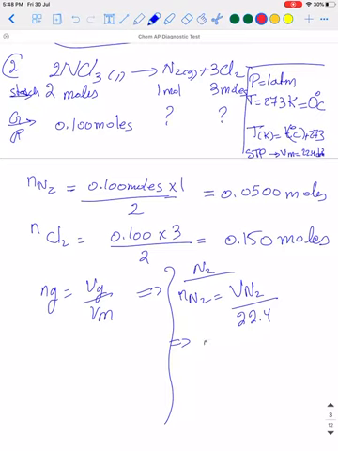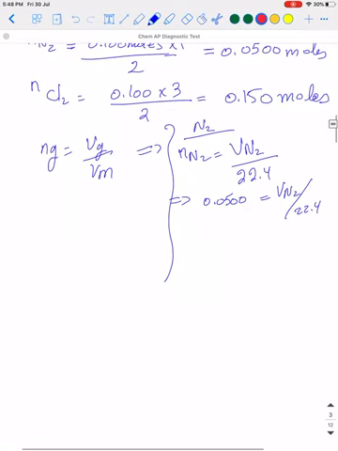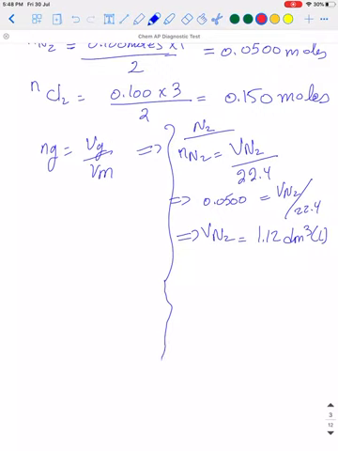I found it 0.05, equal to volume of nitrogen over 22.4. So the answer for nitrogen is 0.05 times 22.4, which is 1.12 dm cube or liter.